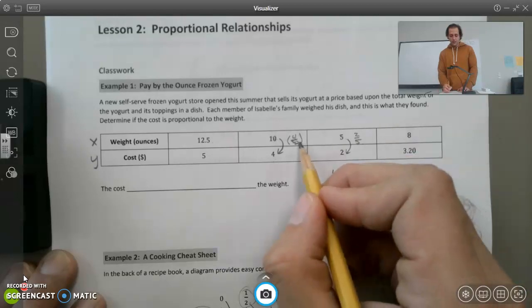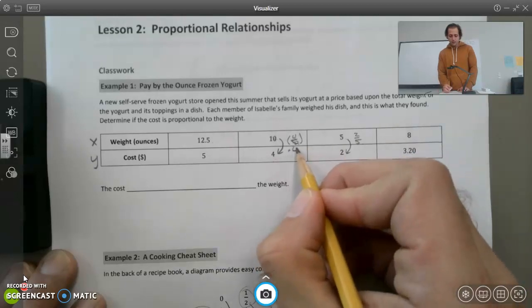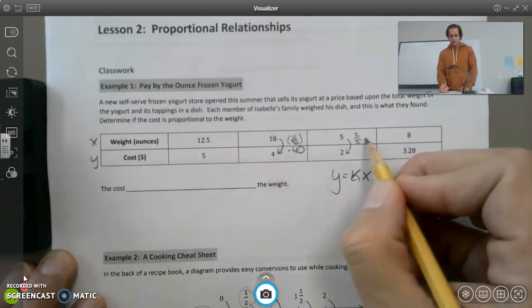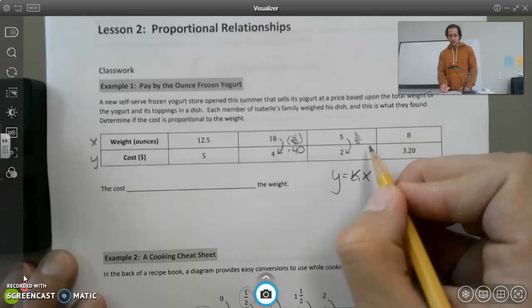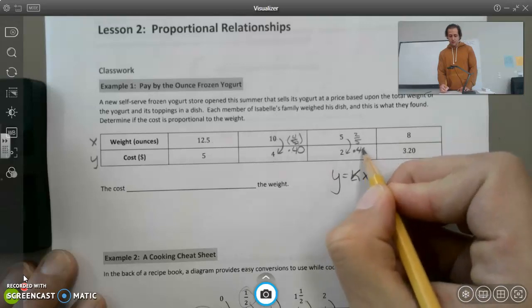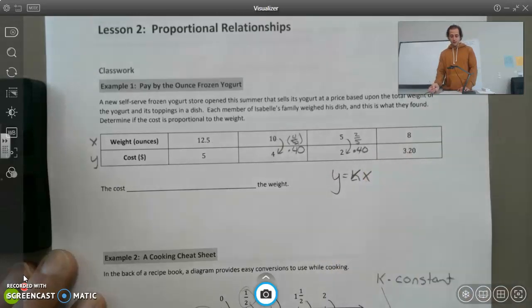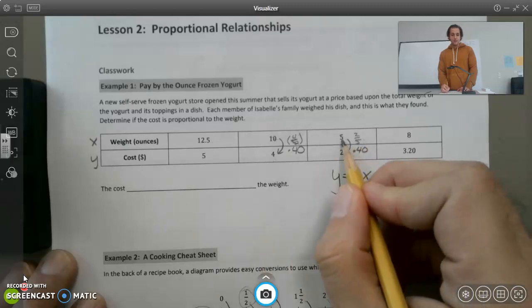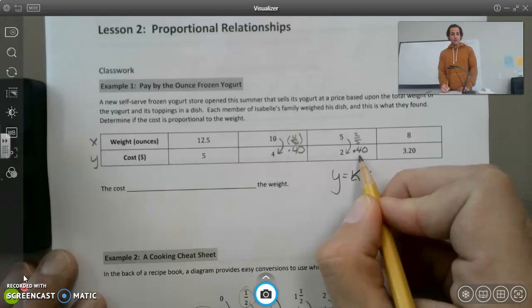So 4/10, that's literally 4/10. If we're talking about money, that's 40 cents. 2/5, if that was a decimal, that would also be 4/10 or 40 hundredths. So it looks like we're multiplying the ounces, the weight, by 40 cents.